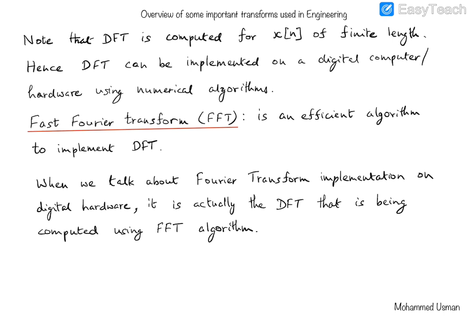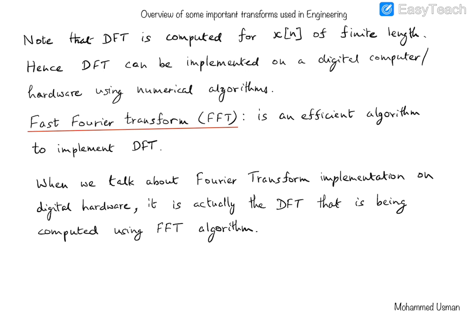In contrast to other types of transforms, which cannot be implemented on a digital machine, although we can mathematically prove them, because implementation on a digital machine is not possible if you have an input sequence or an input signal of infinite length. So therefore, the DFT is the one that is actually computed when we implement these transforms on a digital machine. Since it's computed for a finite length sequence, it can be implemented in digital hardware.